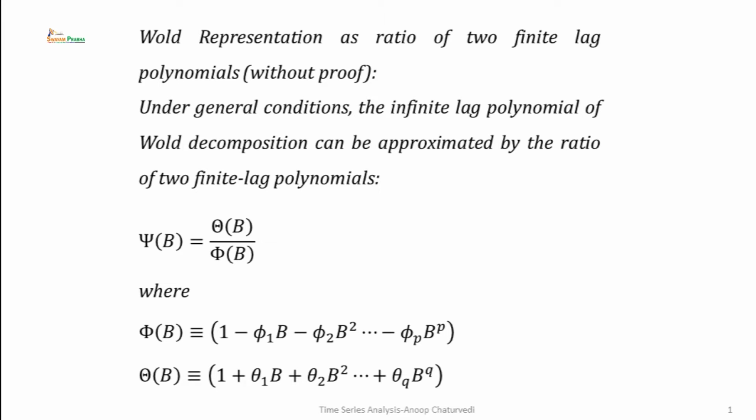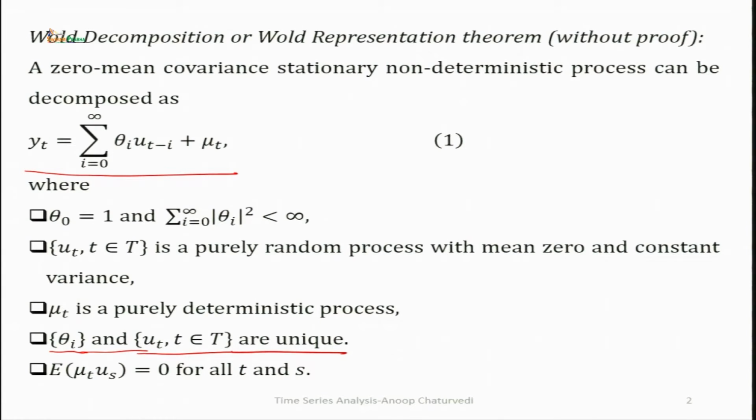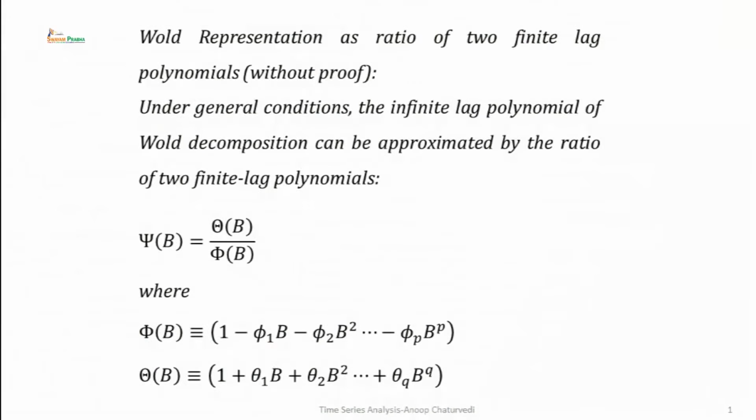So, what is the difference between these two representations? The first representation has an infinite number of parameters, and then you have further approximated this representation by the ratio of two polynomials, and both the polynomials have finite lag.